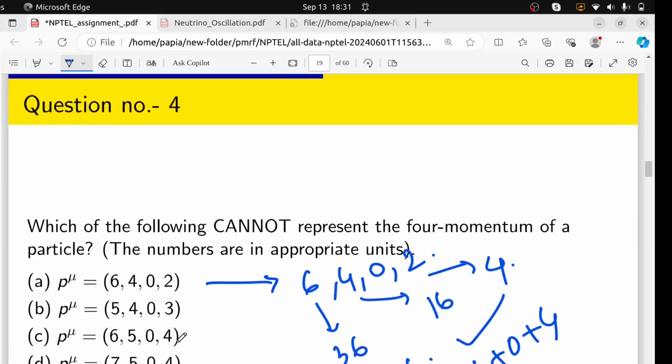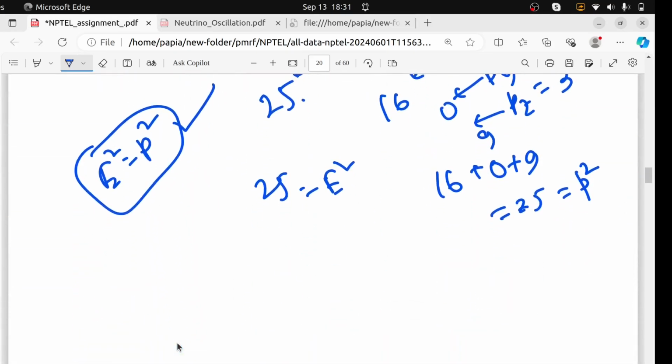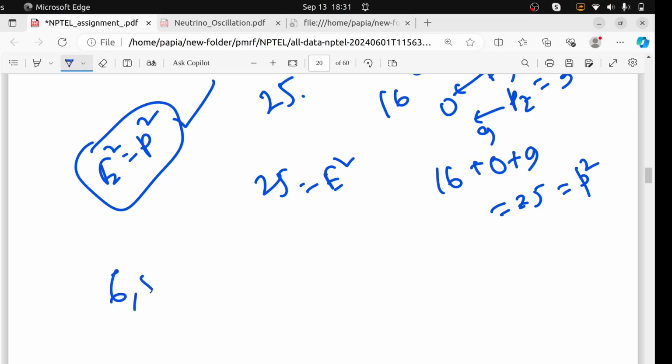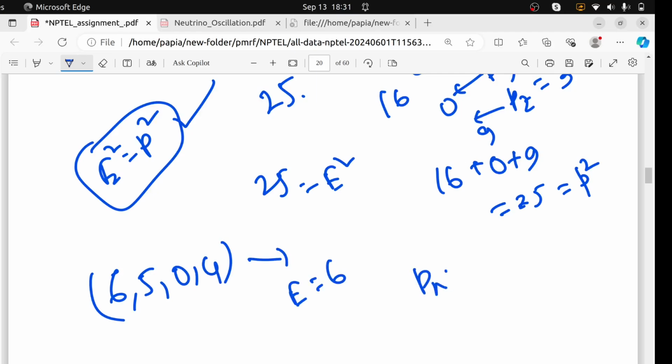Now coming to 6, 5, 0, 4. For this case, E equals 6, Px 5, Py 0, Pz 4.